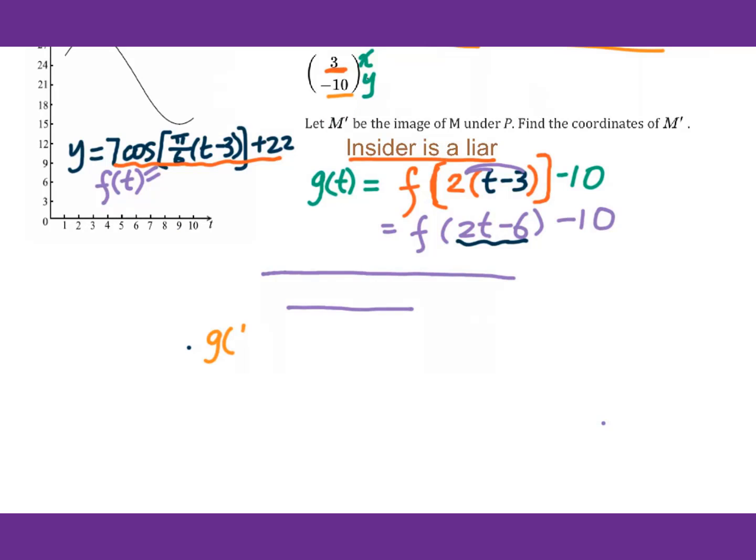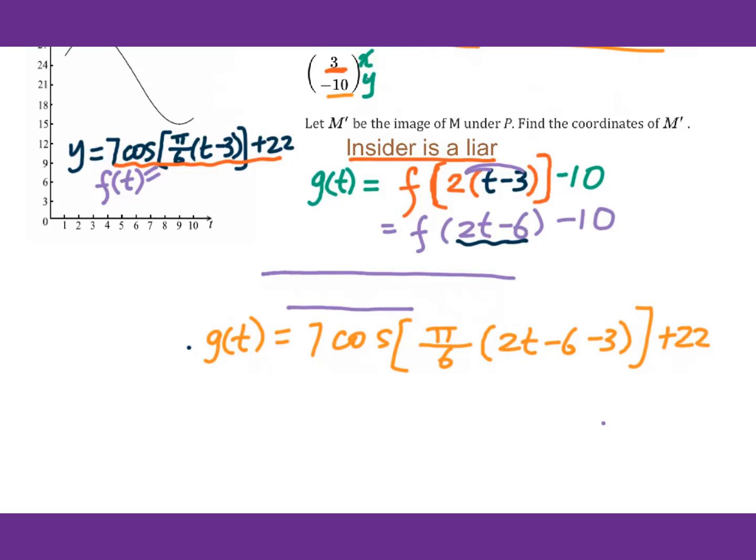That is g of t equals 7 cosine pi over 6, 2t minus 6 to replace this t. 2t minus 6, then minus 3. Then plus 22, remember here, minus 10.